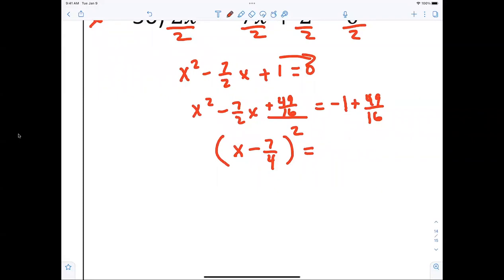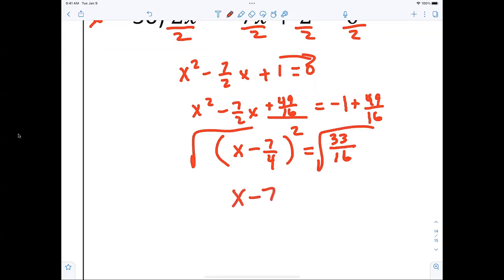Now you have to tell me what's -1 plus 49 over 16. You are amazing. 33 over 16. Why? Because 1 is 16 over 16. Anybody have any issues with that? Now I do what? Take the square root.